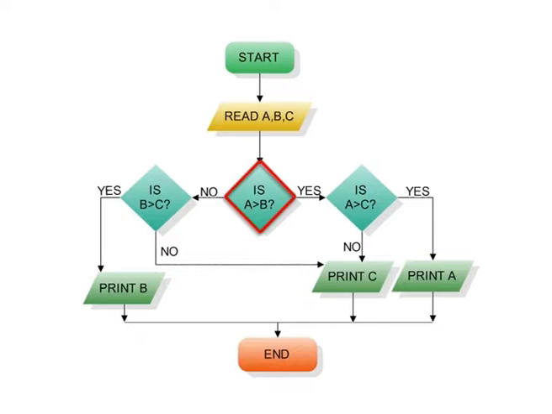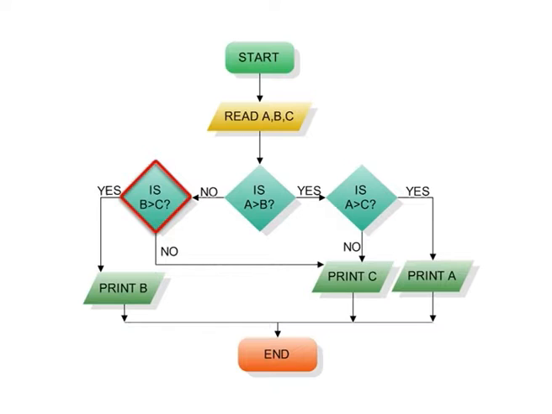3. First check the condition, is A greater than B, by using a decision symbol. If the condition is true, the branch goes towards the yes step. Here another decision symbol is for another condition, which is, is A greater than C. If the condition is true, print A by using a process symbol, and if the condition is false, print C because C is greater. 4.